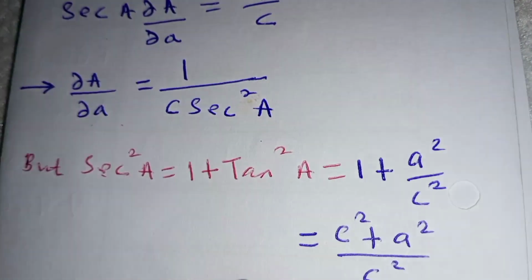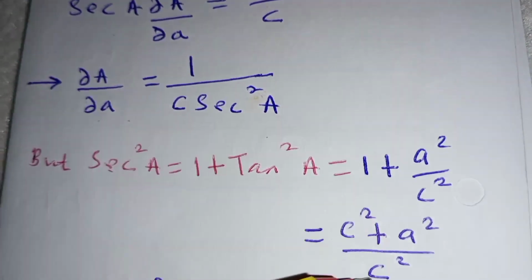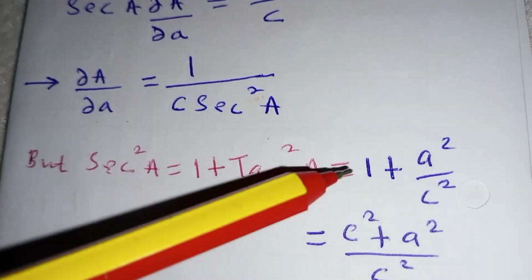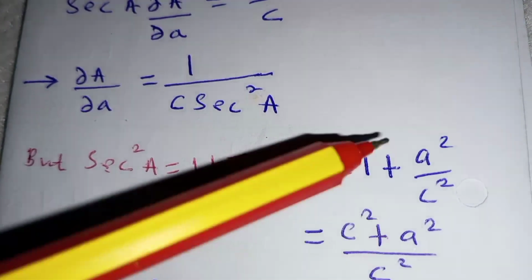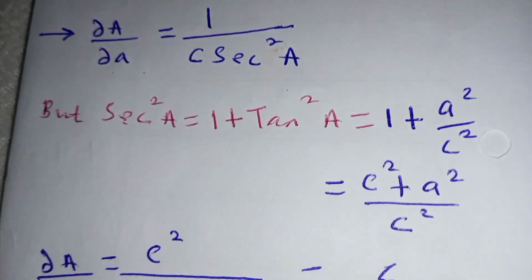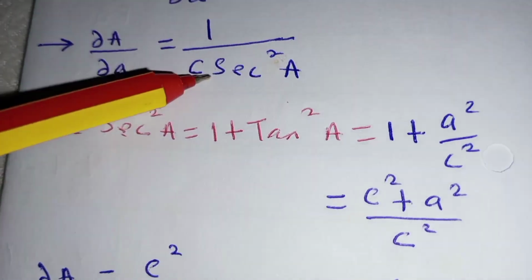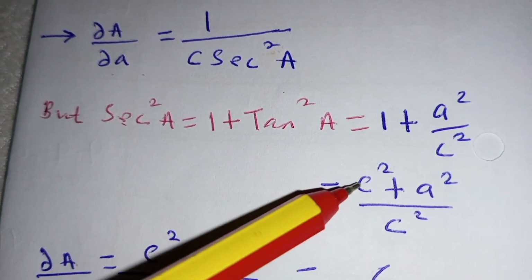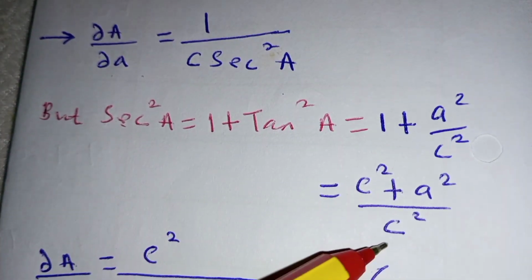We can take the LCM, which is c squared: 1 multiplied by c squared is c squared, plus a squared. Then from there, instead of sec squared A, we substitute c squared plus a squared over c squared.